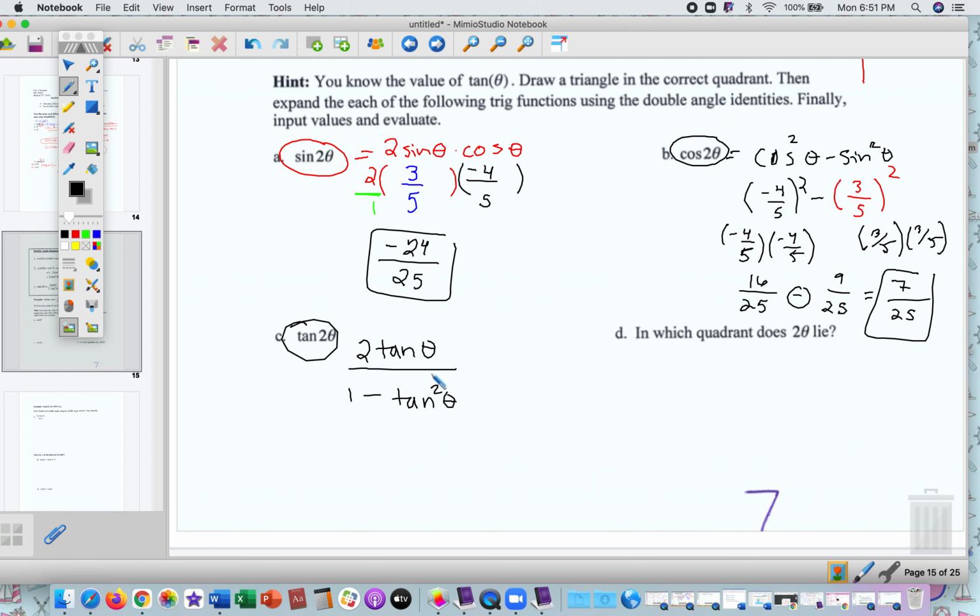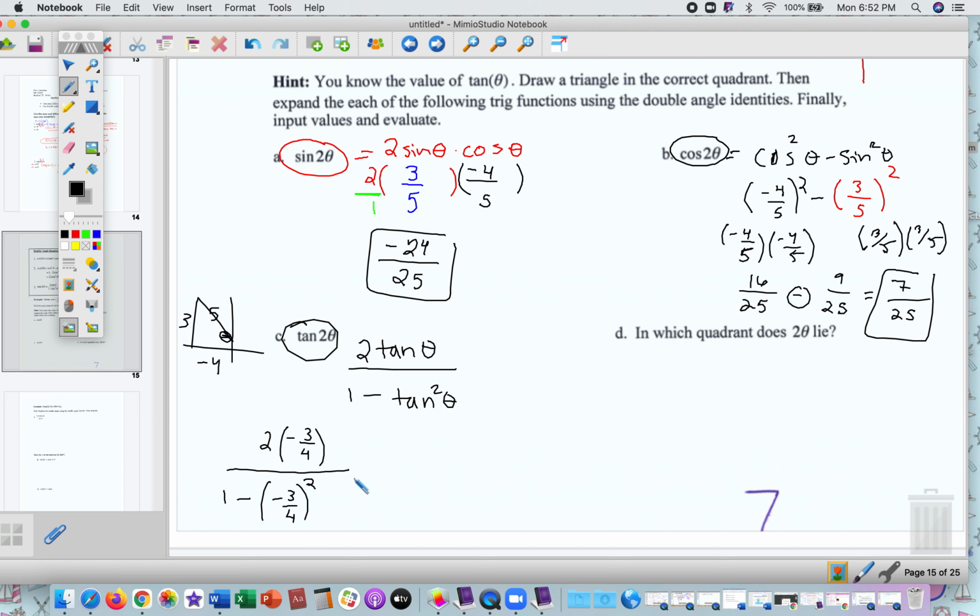And looking at our triangle, we know that tangent that was given, opposite over adjacent, was negative 3/4. So in the numerator, we'll have 2 times negative 3/4. Tangent, if you looked at that triangle that we just drew, this was negative 4, this was 3, and this was 5. So they gave us tan, but again, tan is opposite over adjacent. So 3 over negative 4. So negative 3/4. So 2 times negative 3/4, 1 minus tan squared. So negative 3/4 is the value of tan theta, and we're going to square it.